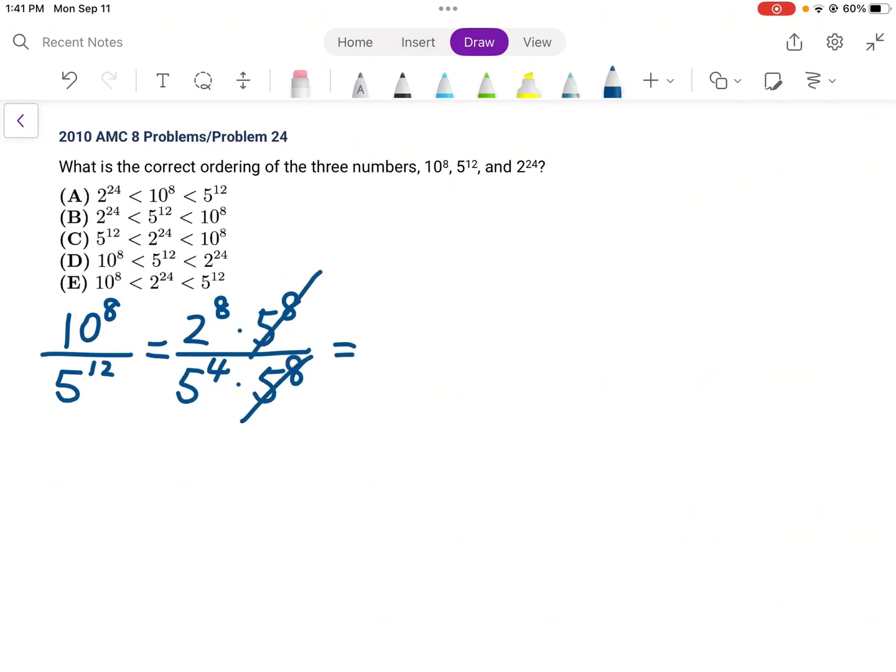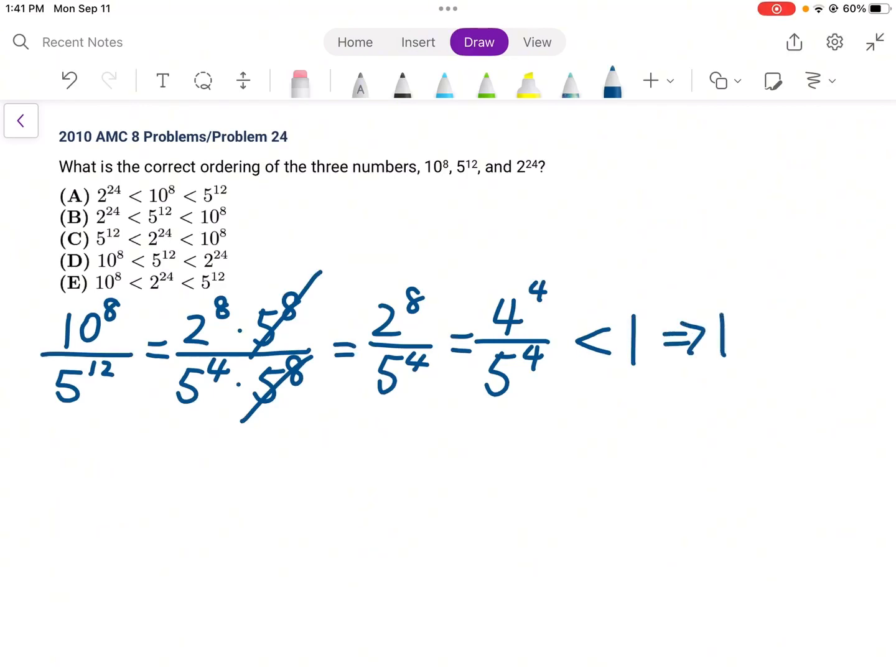We get 2 to the 8 over 5 to the 8, and because 2 squared is 4, it can be written as 4 to the 4 over 5 to the 4. Now we can see that because 4 is smaller than 5, this is smaller than 1. That means 10 to the 8 is smaller than 5 to the 12.